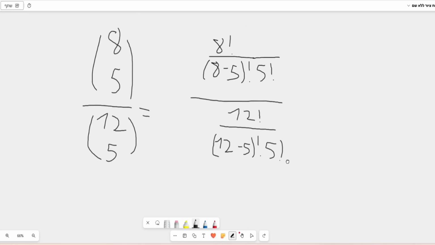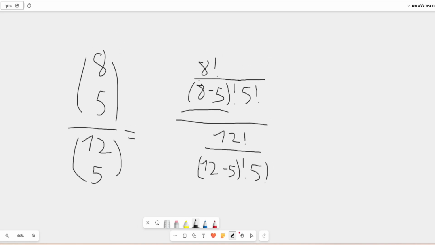Now the way I solve this is just by taking the largest number, because 8 factorial over 8 minus 5 factorial, no, sorry, this here, over 5 factorial, it's just going to cancel out. We're going to be left with 8 times 7 times 6.